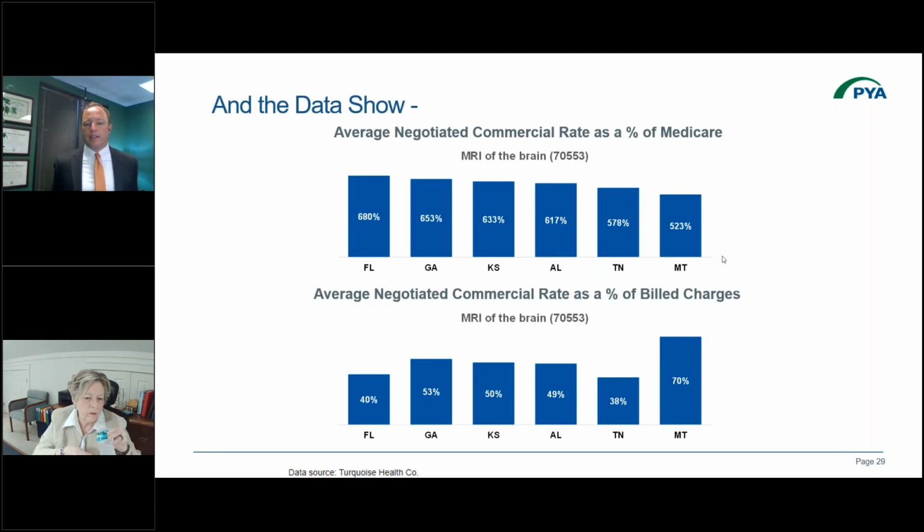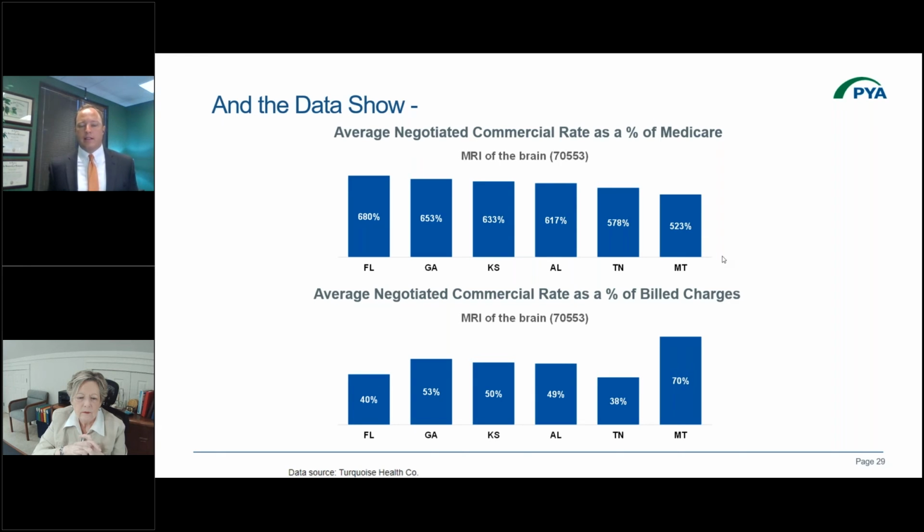This first slide shows, for many of the states represented here today, the average negotiated commercial rate as a percent of Medicare for an MRI of the brain, and then the average negotiated commercial rates as a percent of bill charges.